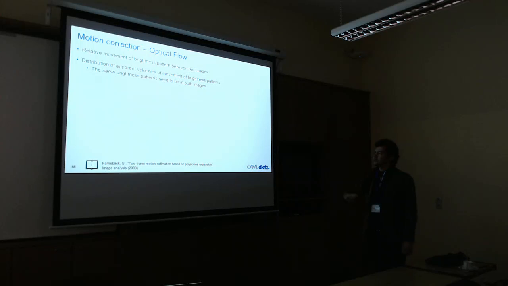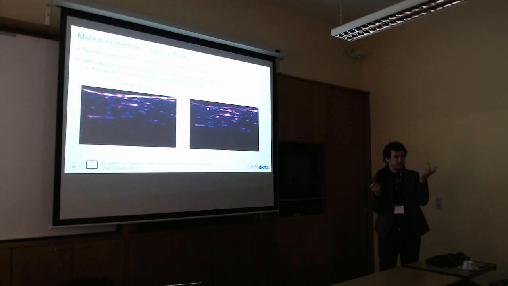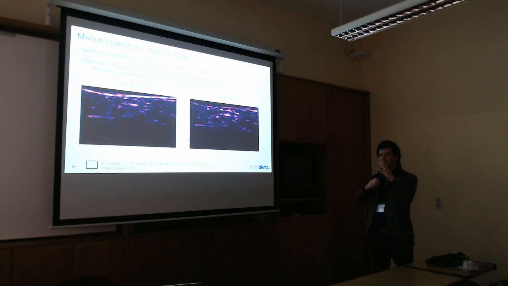And basically what we did is we looked at optical flow, which is a computer vision method, just to see motion of brightness patterns in the image. But we can't do that on photoacoustic images because the brightness patterns in these images change, obviously, because of the different wavelengths. We want them to change, we want to see the different information.